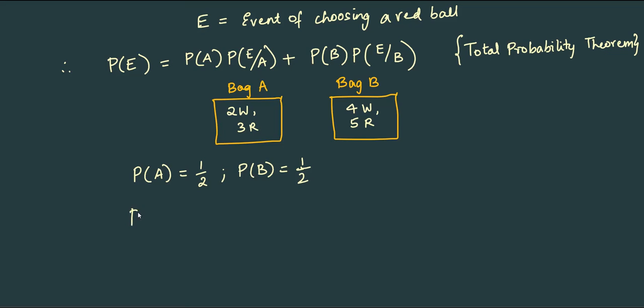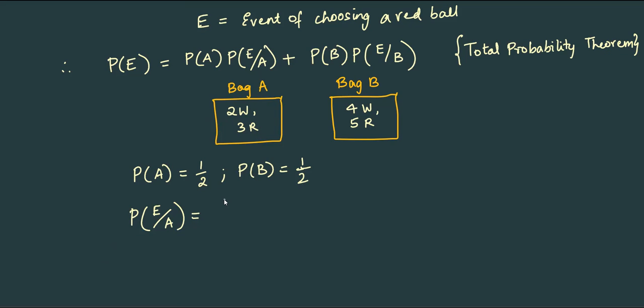Now, given that the first bag has been chosen, what is the probability of selecting a red ball from it? So given that bag A is chosen, there are 5 balls. We have to choose the red ball.